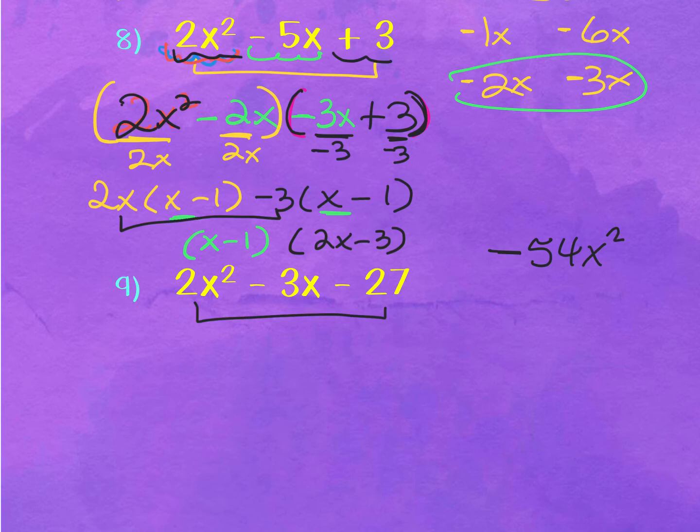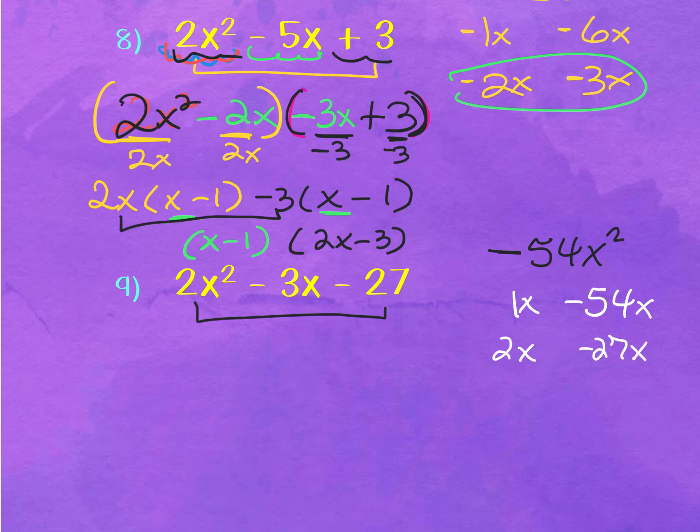So signs are different. Notice the middle sign is negative, so my bigger factor in my list is going to be the negative. 1 times negative 54, 2 times negative 27.